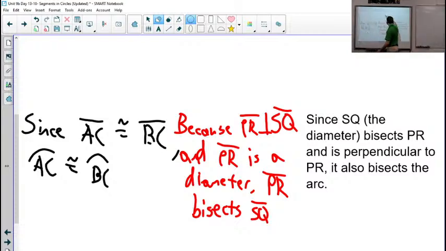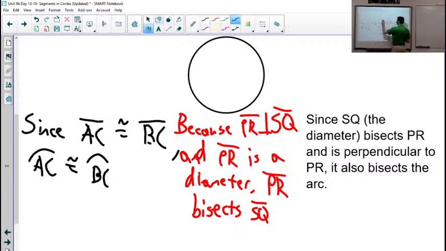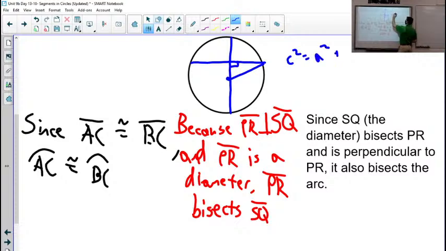So you might see a problem like this, where you've got the diameter, you've got the perpendicular here, and then the other thing you might have drawn is that because we have this diameter here, you might see a radius drawn out like this, and now we have a right triangle. And in that case, you'll have to use c squared equals a squared plus b squared.